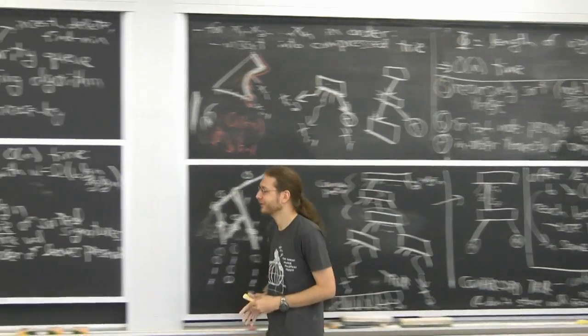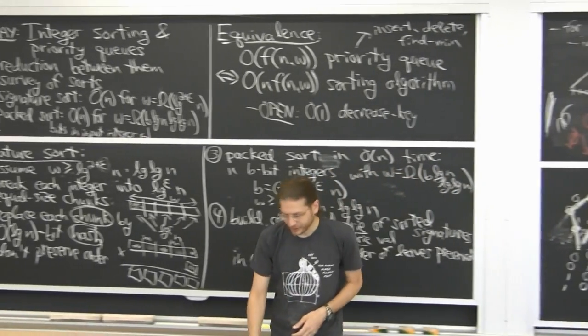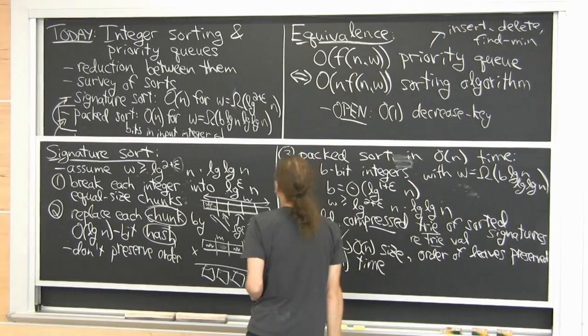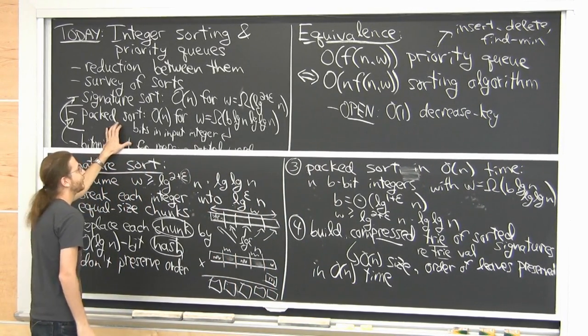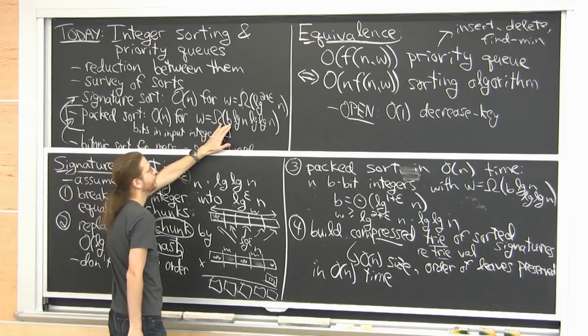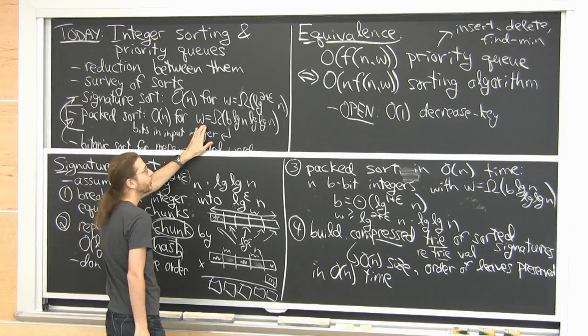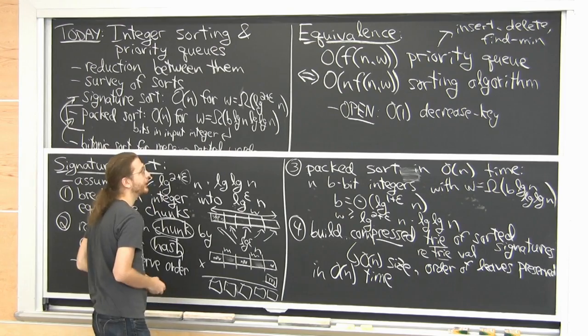Okay, I think I've gone over this algorithm enough times. The next step is pack sorting. Now, if we have integers that are much smaller than our word, how do we sort in linear time?